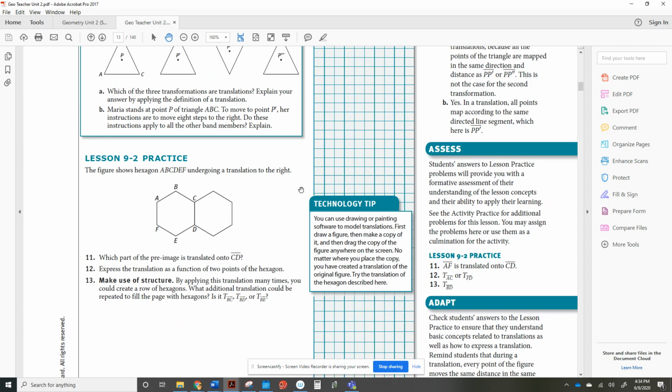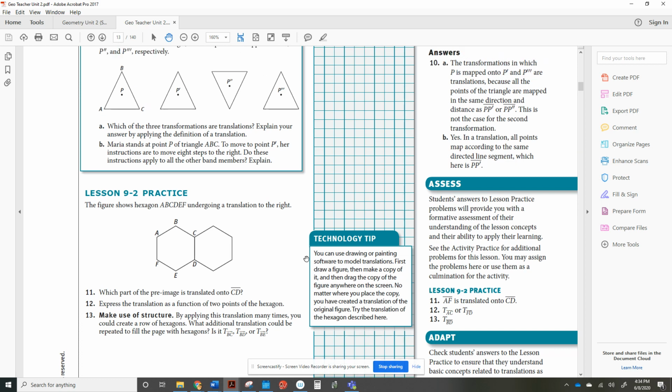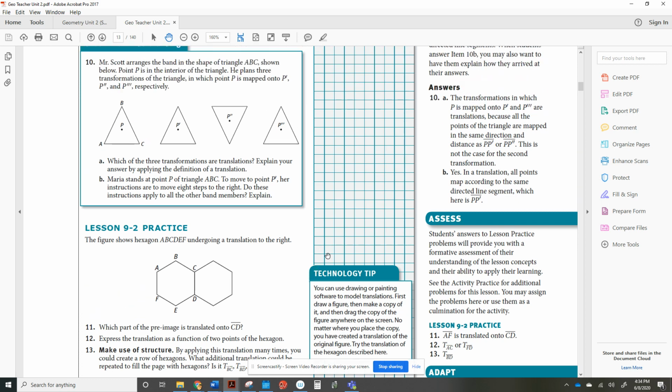Let me show you how it looks when you write the answer. This is the answer over here. P is mapped onto P prime and P is mapped onto P prime prime prime. Those are the translations.